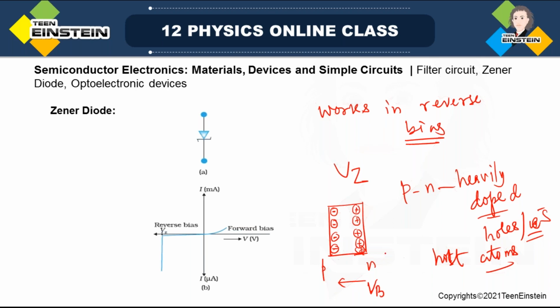And see, when you make a very heavily doped PN junction, the thickness of this depletion layer will be much less than 10 to the power minus 6 meter. And suppose you have applied a potential V across a very thin region. So suppose it is 10 to the power minus 6 meter.